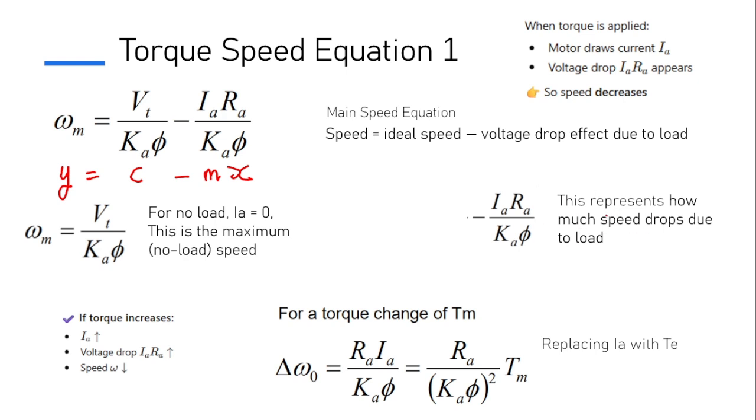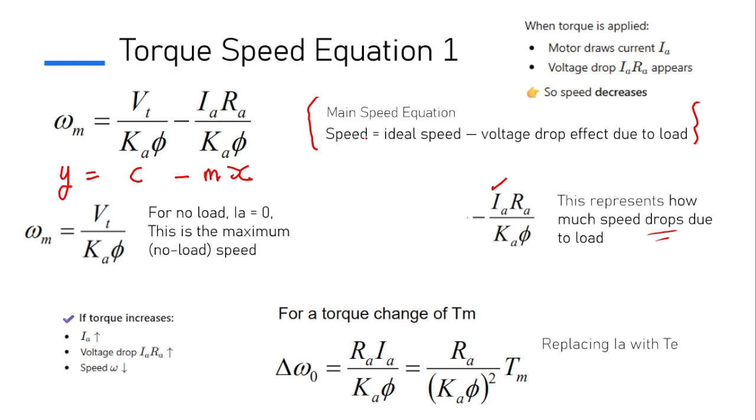When you actually start to load the DC motor, you end up with an Ia value, because if you load it, Ia will change because of the back EMF. This piece is just modeling how much the speed drops due to the load. So the speed is basically the ideal speed, which is the maximum no-load speed, which is similar to transformers.